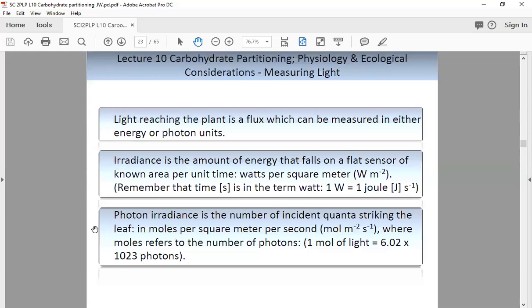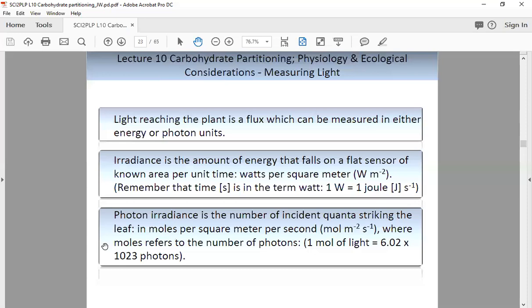Photon irradiance is the number of incident quanta striking the leaf in moles per square metre per second, where of course you know that moles refers to the number of photons, and 1 mole of light is equal to Avogadro's constant.